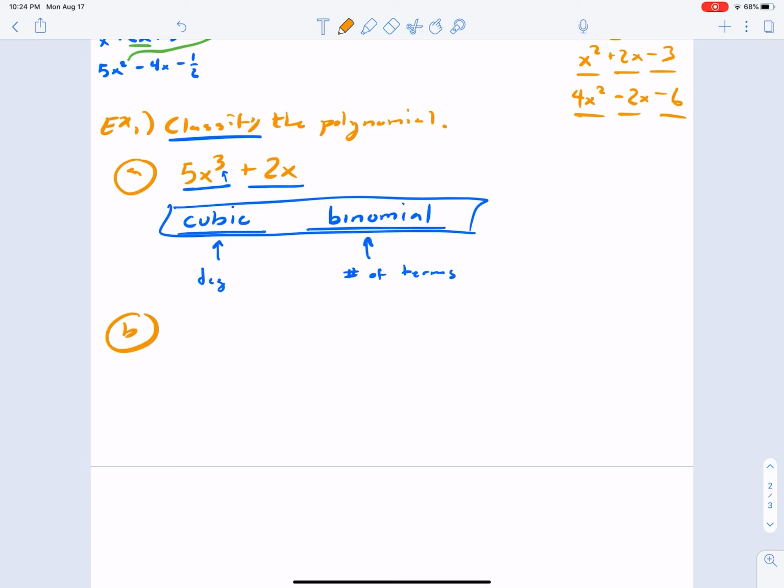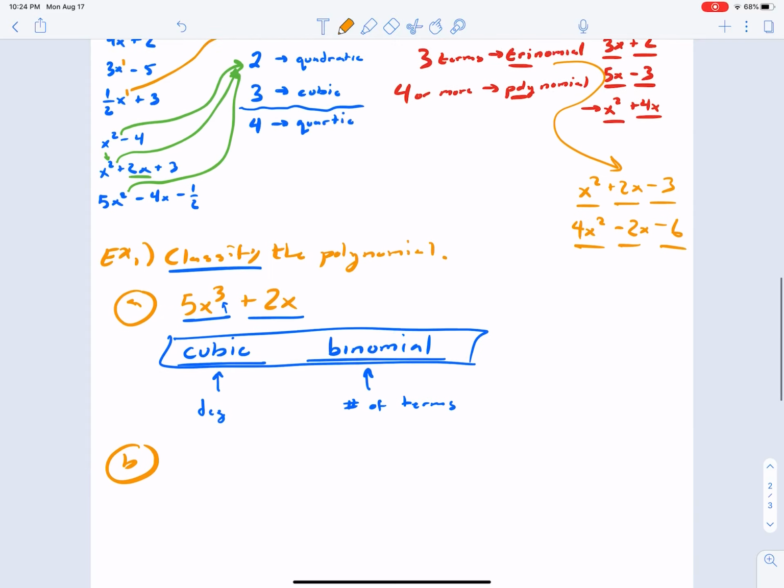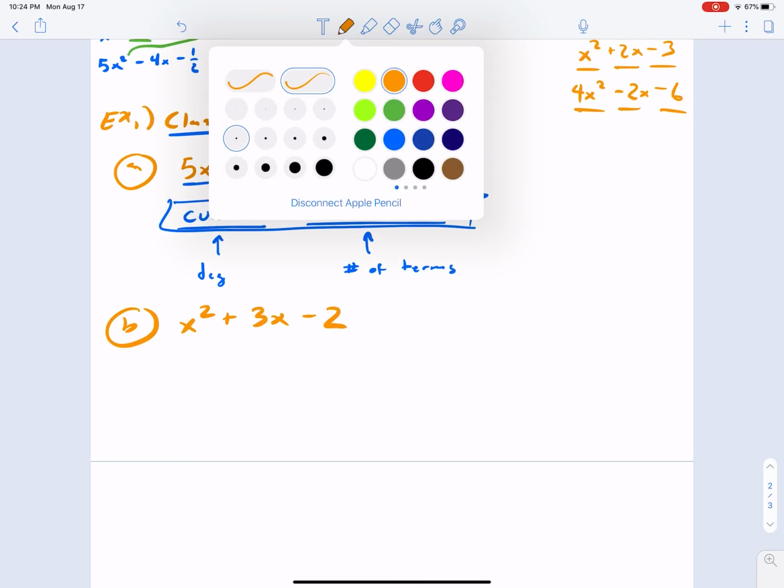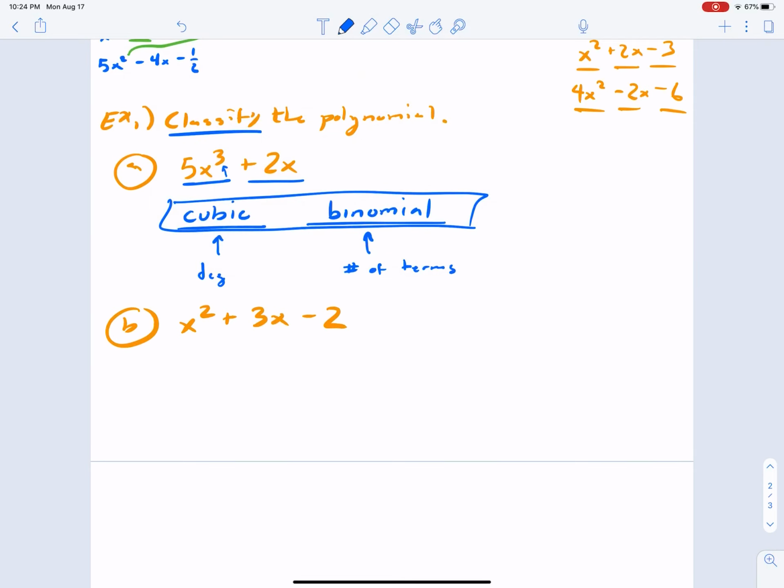Okay? Here's part B. X squared plus 3x minus 2. Okay? Go ahead and pause there and practice yourself. And then once you're ready, press play, and then I'll reveal the answer there, okay? Okay, so in this case, the first name would be the degree, which is 2.